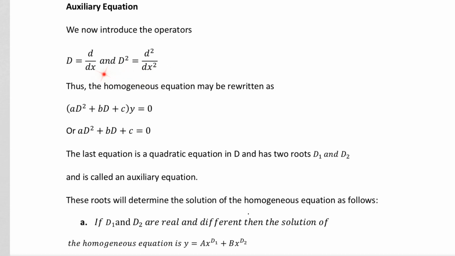So wherever we find these, we will replace them by the new symbols D square and D. For example, the given equation is this in its homogeneous form, or we may write the above equation as this. The last equation is a quadratic equation in D and has two roots D1 and D2 and is called an auxiliary equation.